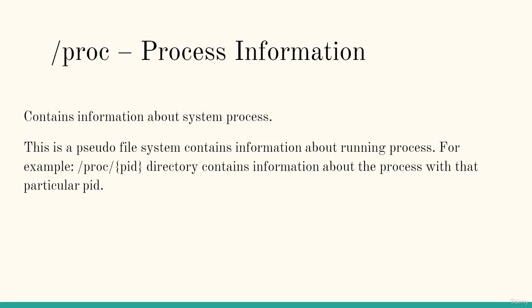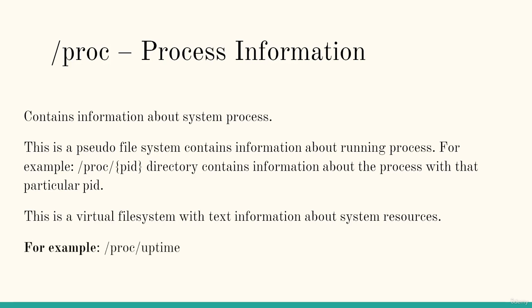Every piece of information will be found here. Under /proc/PID, for example 900, if you go to 900, you will find all the information about this specific process. This is a virtual file system with text information about system resources. So for example, /proc/uptime. This is one of them.